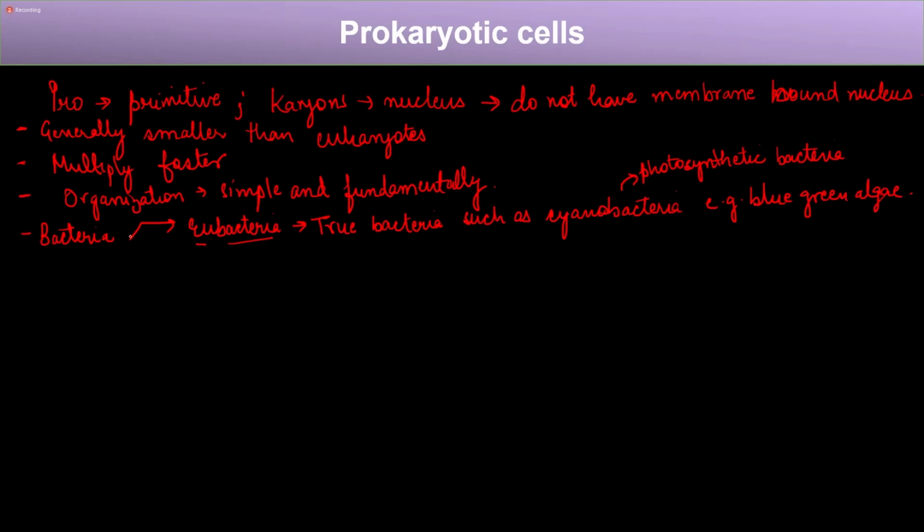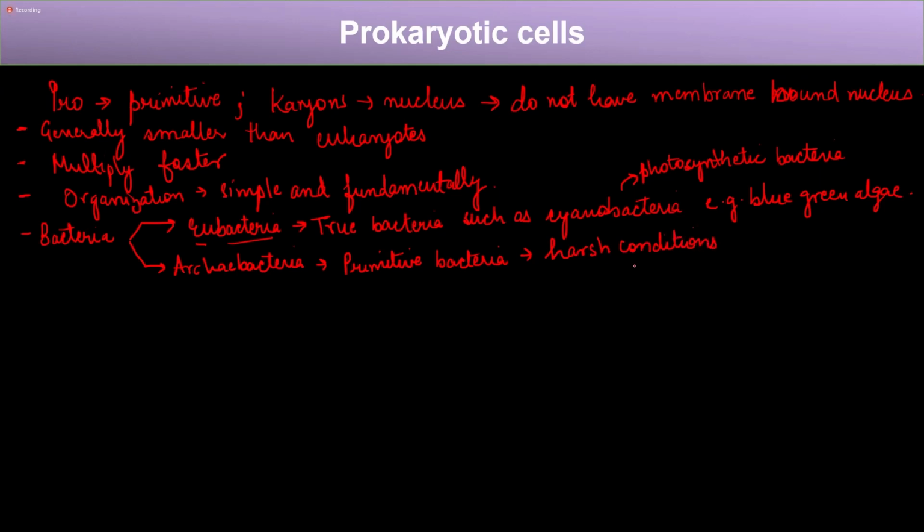Apart from this, we have another class of bacteria known as archaebacteria. These are the primitive or oldest type of bacteria, and they are generally found in harsh conditions, such as high temperature and high salt conditions.